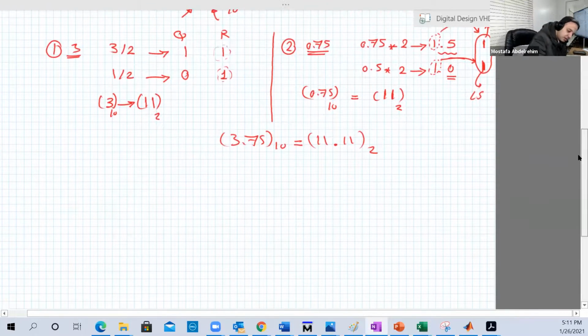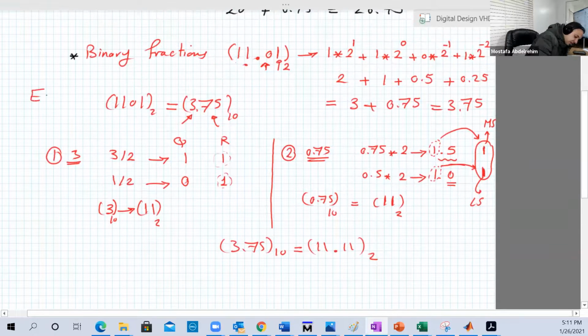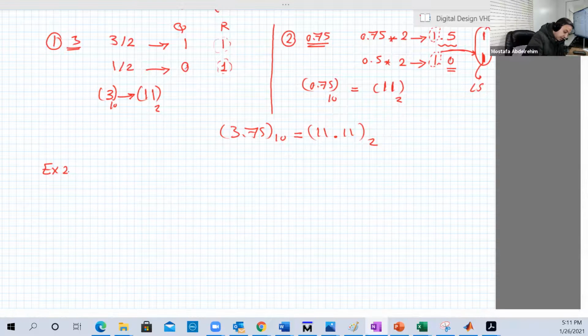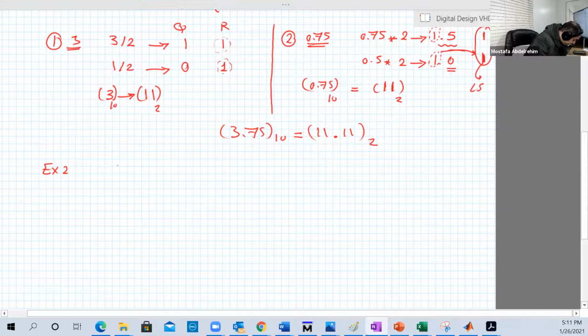Let's have another example. Let's say this is example 1, and this is example 2. In example 2, let's convert 0.6875. We want its equivalent in binary.